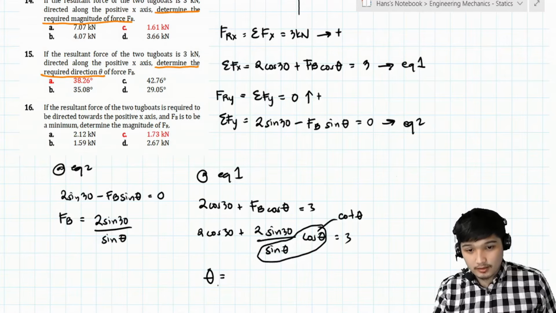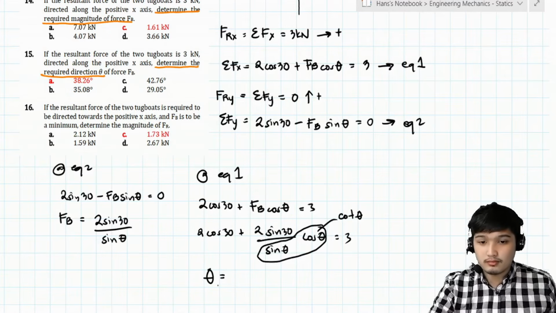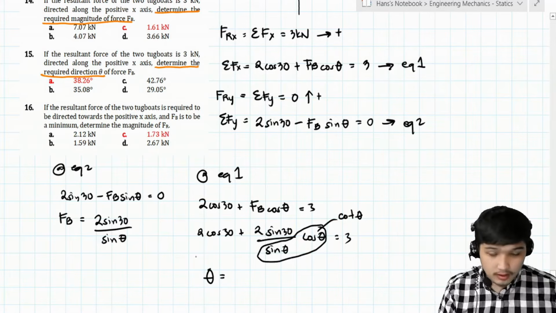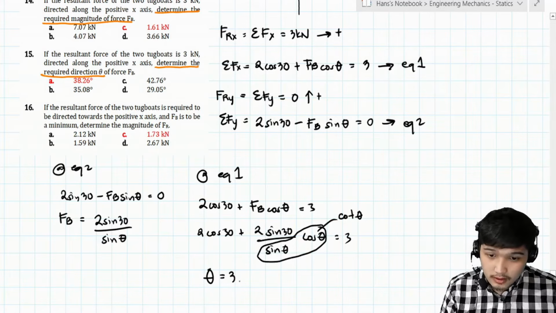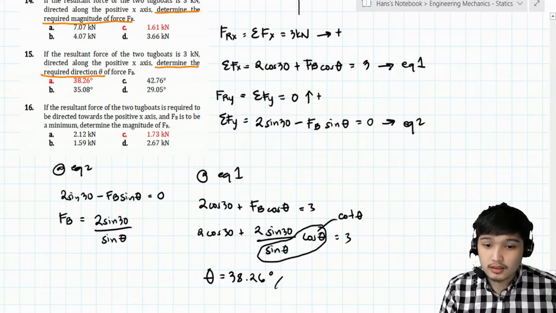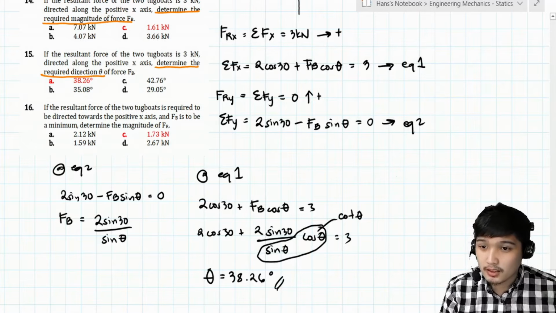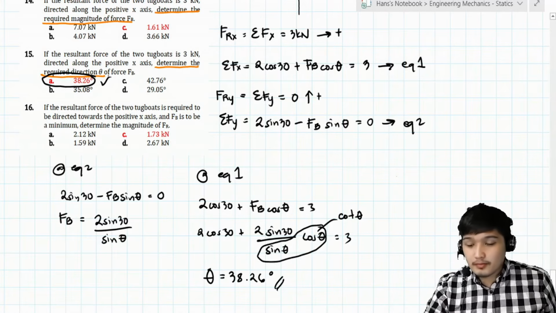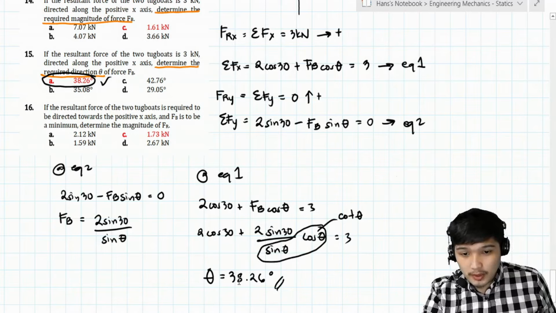So, ilan sagot? Okay, so sagot is 38.26 degrees. So, nasa choices ba yan? So, okay, nasa choices. That is letter A. Okay? So, yan. Kung may theta na tayo, substitute mo na lang yan dito.